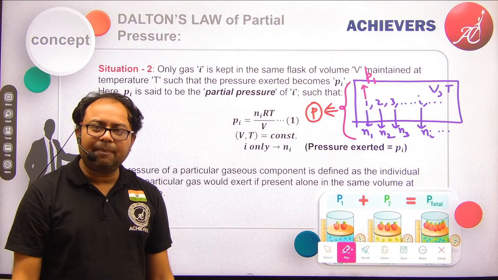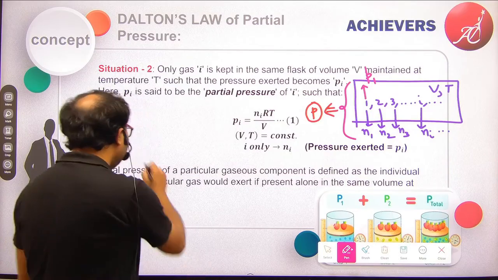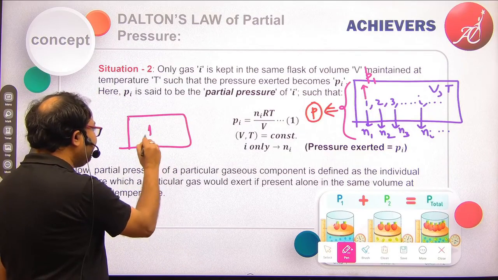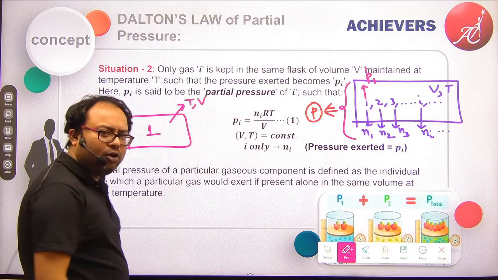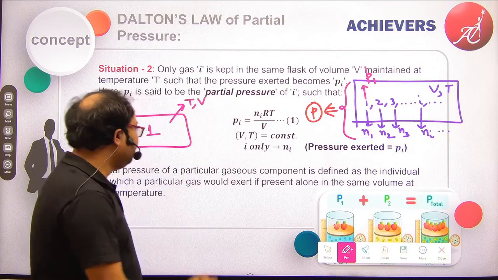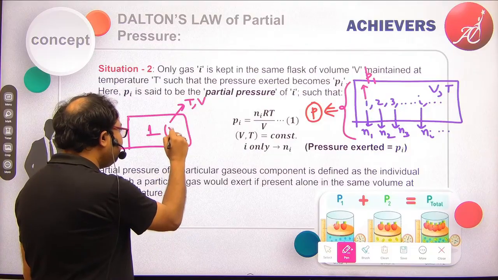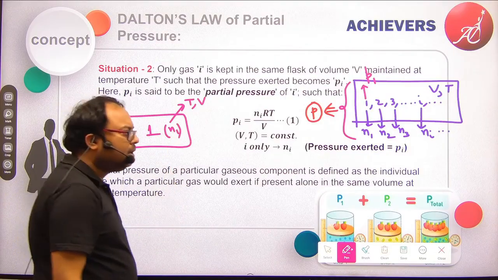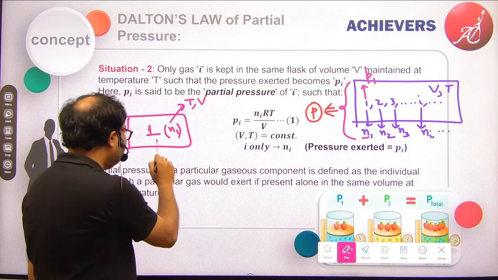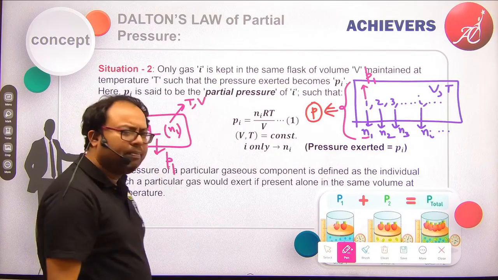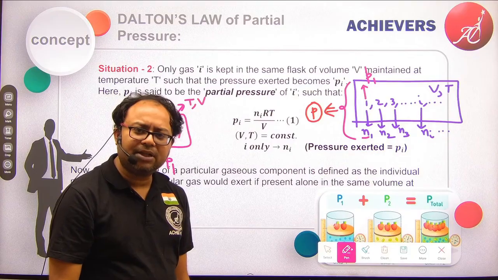How would you get the partial pressure? Very simple. You take the same flask, you keep gas 1 only, you maintain same temperature, same volume, same number of moles. Then the pressure you are getting is P1. P1 is the partial pressure of 1.